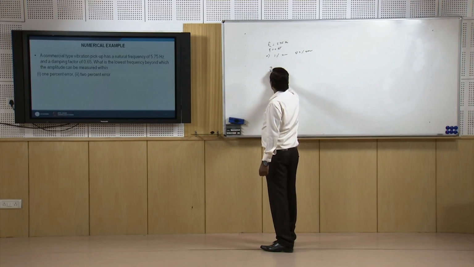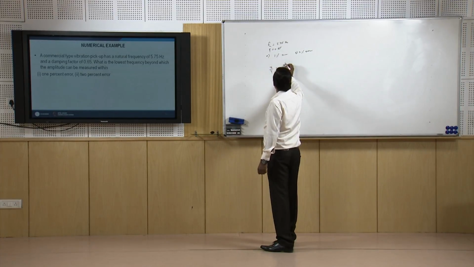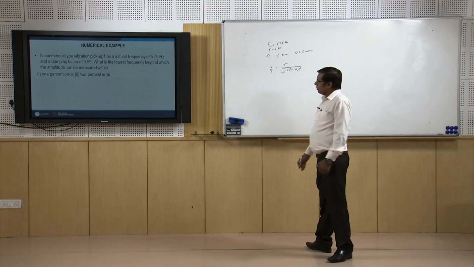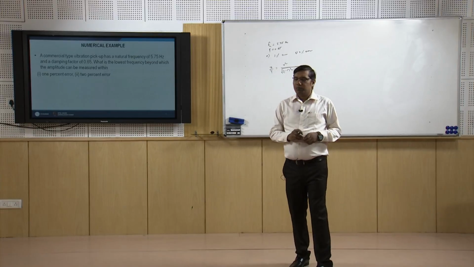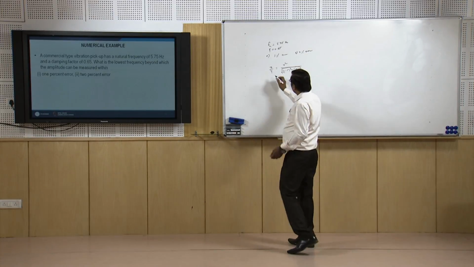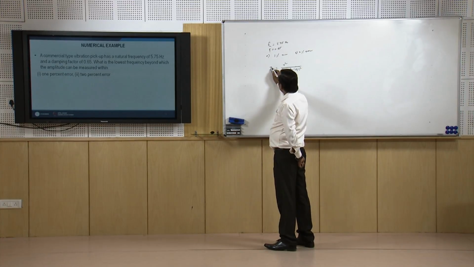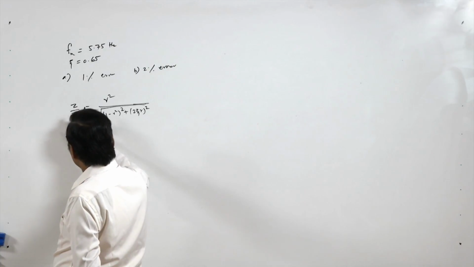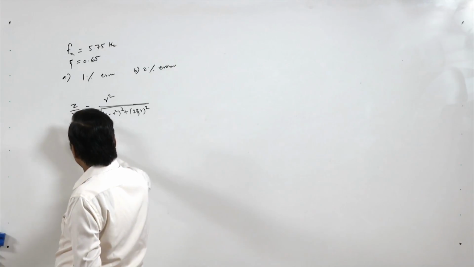So we know that z by y equals r square upon the square root of (1 minus r square) whole square plus (2 zeta r) whole square. Now if we say this is 1% error, it means that if y is 1, it could be 1.01 or 0.99.